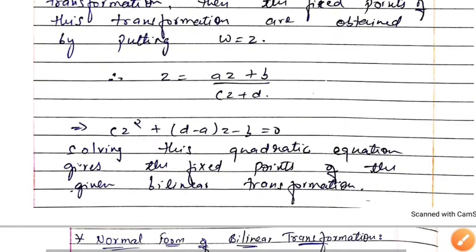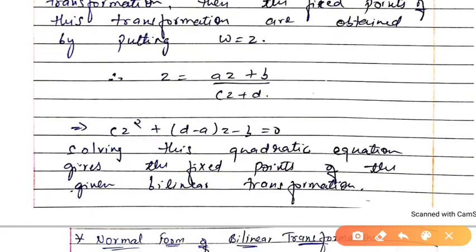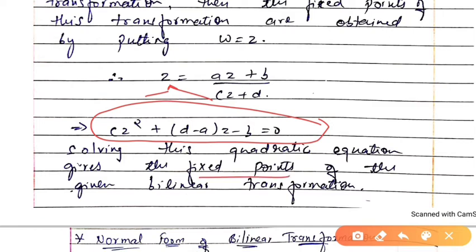When you replace this w by z over here, what you get is one quadratic equation. How will you get this quadratic equation? I will multiply this cz plus d, and on simplification you get here a quadratic equation, and the roots of this quadratic equation are the fixed points of bilinear transformation.